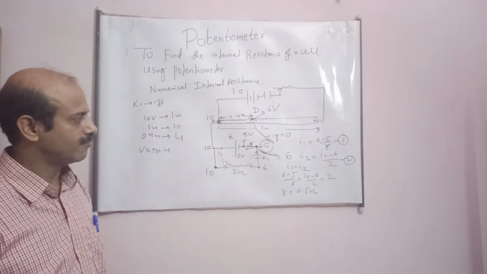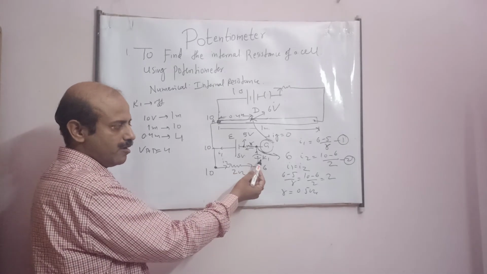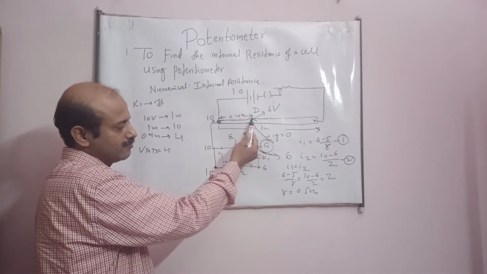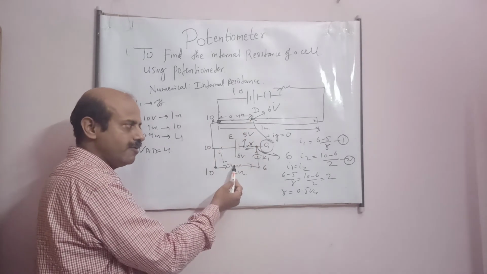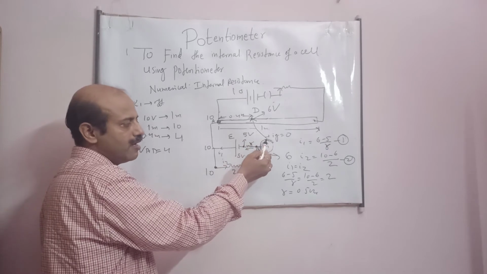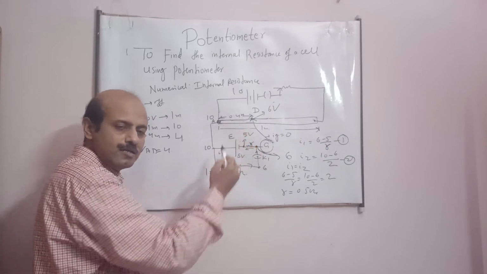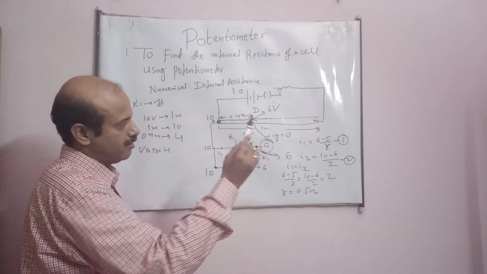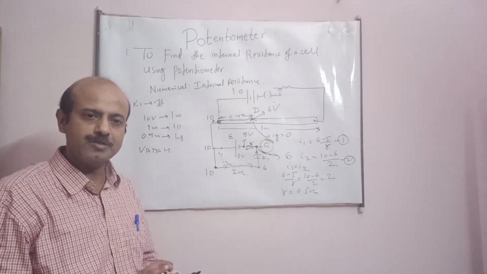First this key was off and I found a null point. Then this key was on, again I found a null point. In the first case EMF was balanced, in the second case potential difference was balanced, and I solved this equation. Got it, student?